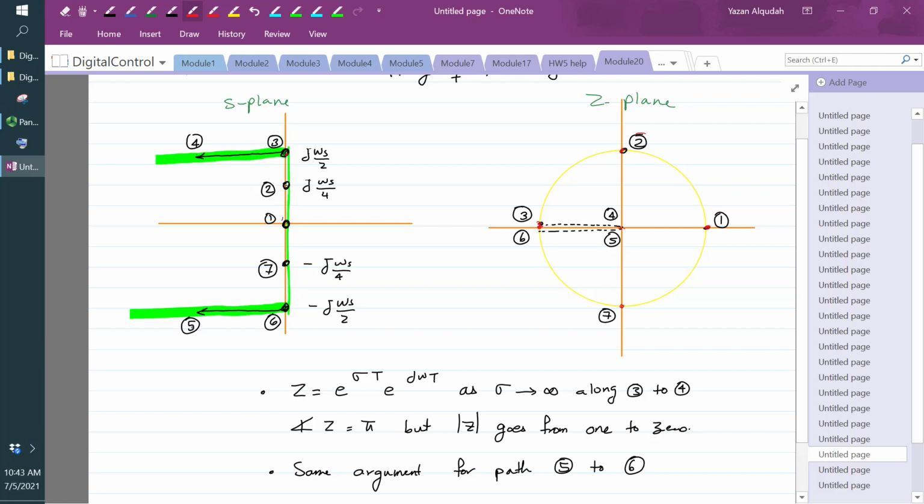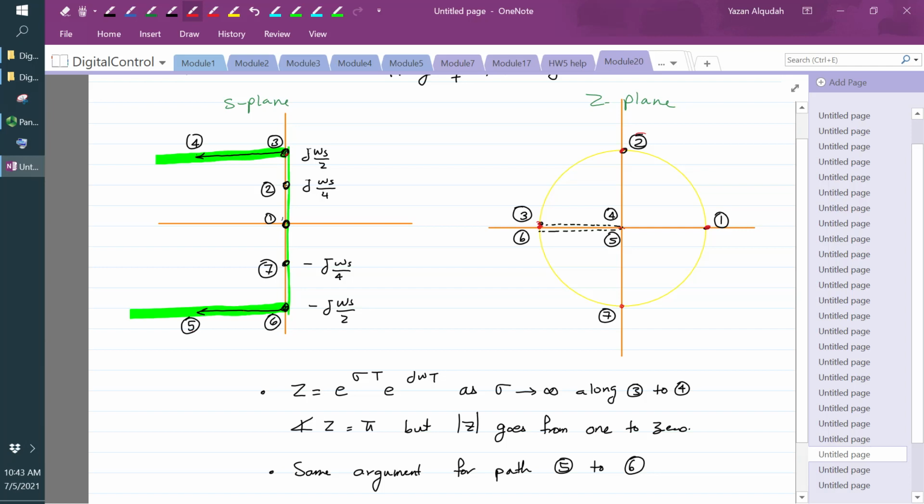The same thing applies from 5 to 6. When I'm at 5, sigma is equal to negative infinity, and therefore the magnitude is almost 0. And as I get closer to the origin, I move from 5 all the way to 6 here.